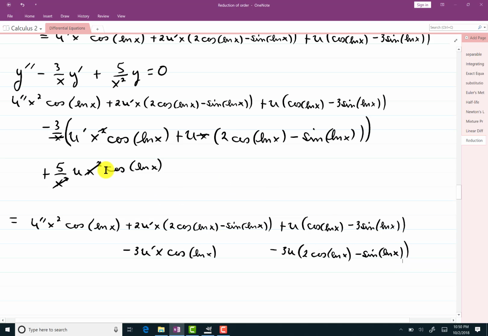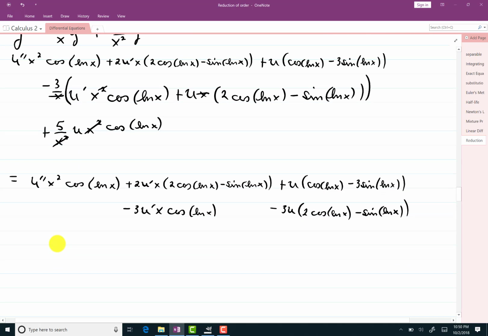And then I'm going to finish off with 5u cosine of ln of x. And let's simplify. This is where I need the u's to disappear on me. So we'll start with those. Here I have 1u cosine, and then I have negative 6u cosine. So there's negative 5 plus this 5 means I can wipe out all these cosines. That's positive looking. And then for the sines, I have negative 3u sine and positive 3u sine. So I can take the u's out all together.